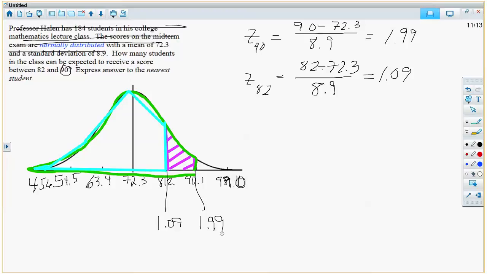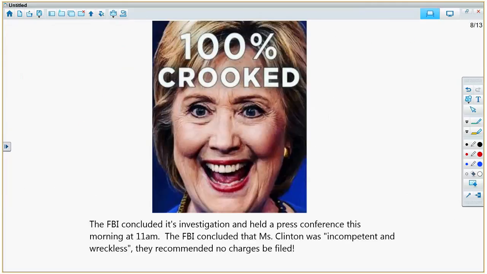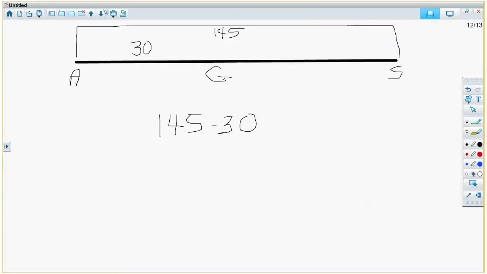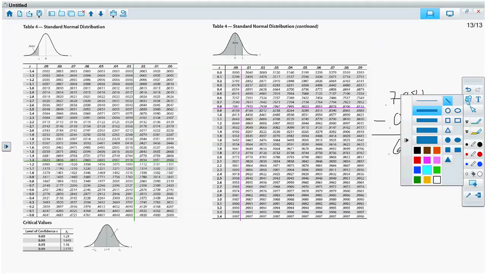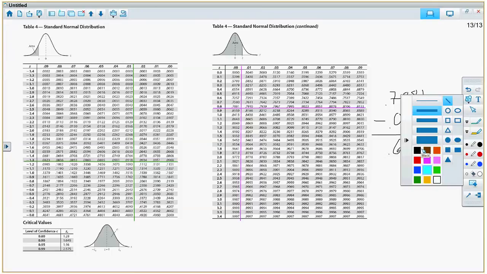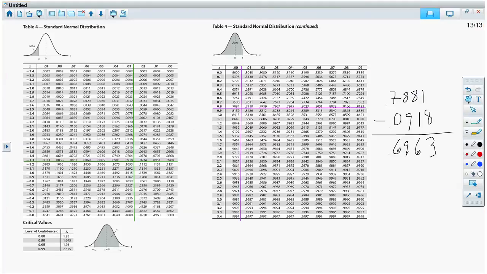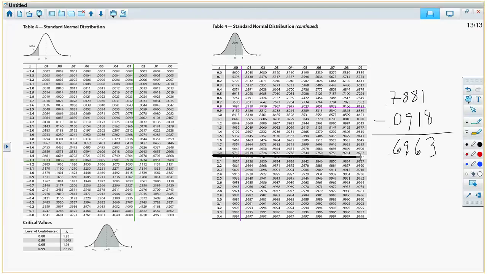So get your handy dandy table. And I'm going to take my black marker. 1.99 is 1.9 plus 9 cents, right? So 1.9 plus 9 cents.